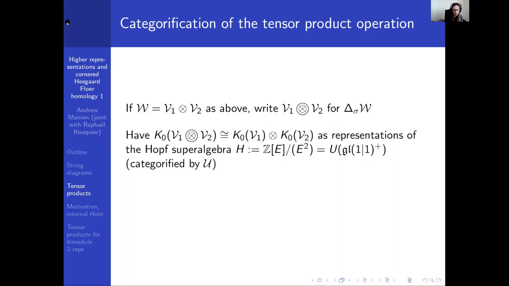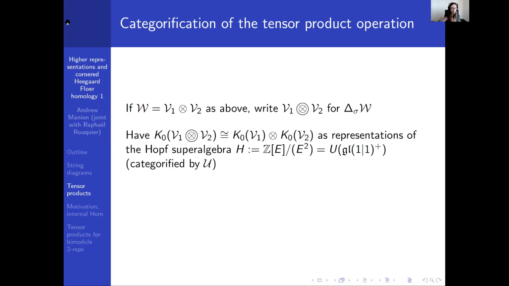One can show that, and I don't want to get into too much detail about what K0 means here, but if you set things up appropriately, then you could use notions like the split Grothendieck group, and then this sort of thing will be relatively less technical. But you can get versions of this statement that this double tensor product categorifies tensor product of representations of a particular Hopf superalgebra, and it's the one that's categorified by this U thing.